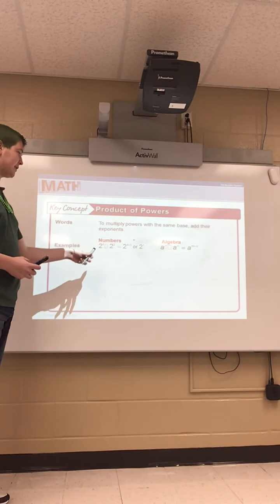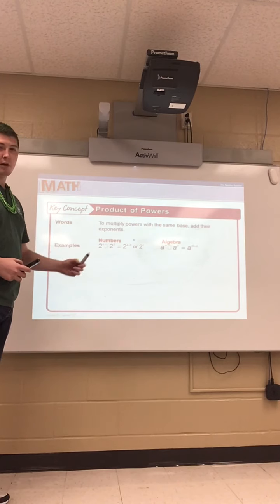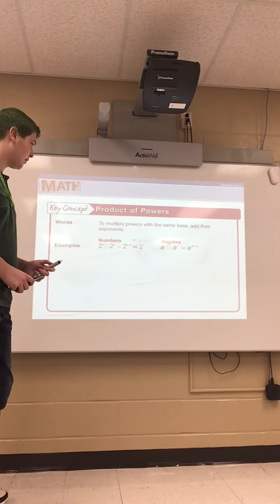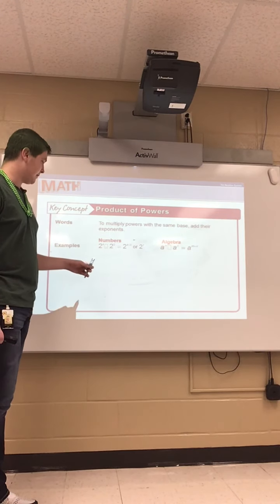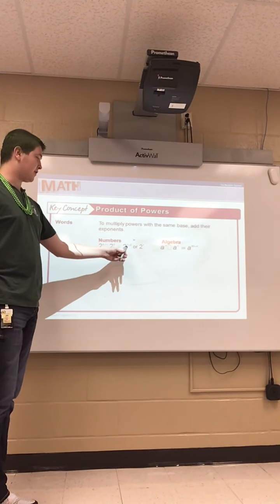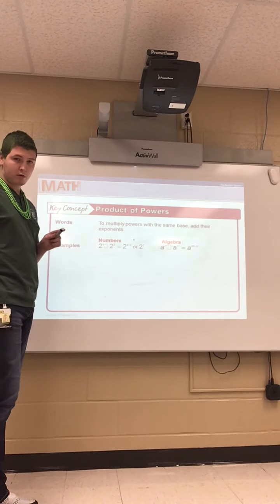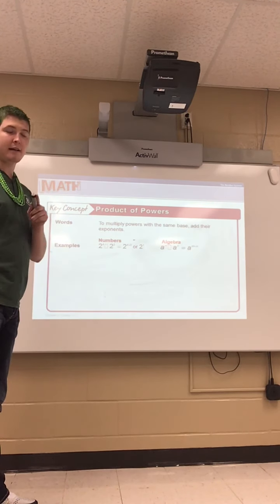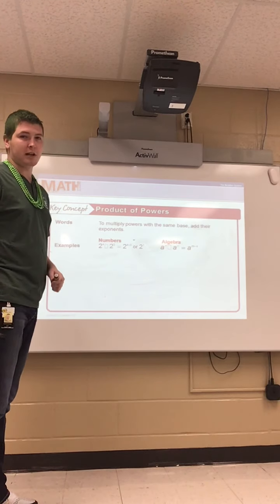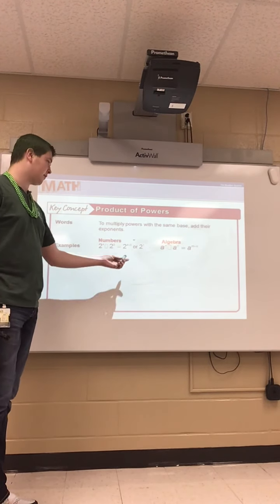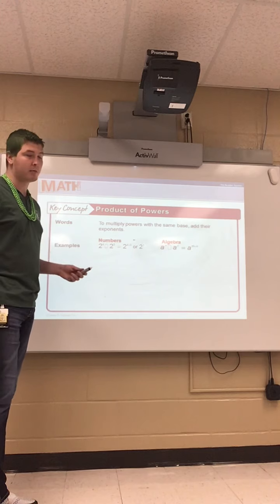So for this one you can see they have the same base, that number 2, and this should be a multiplication sign. So 4 and 3, you can rewrite it as 2 to the 4 plus 3 power, and obviously 4 plus 3 gives you 7, so it would be 2 to the 7th power.